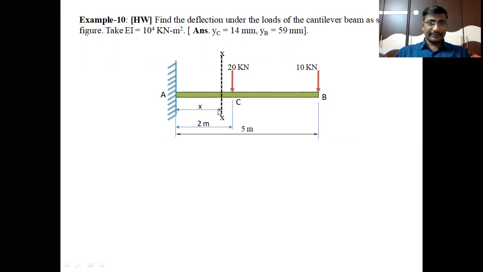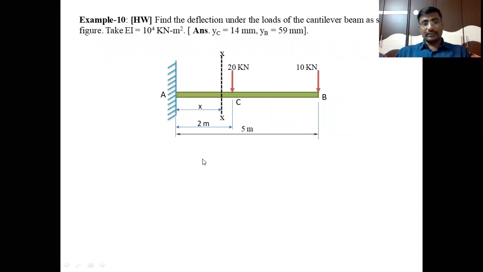By taking the XX section at a distance of x from the fixed end, write down the bending moment equation at XX. The bending moment equation is the algebraic summation of all the moments of the forces on the right side of the section. That is 10 kilonewton and 20 kilonewtons. Write down the bending moment equation at XX. Substitute in the curvature equation and integrate 2 times.